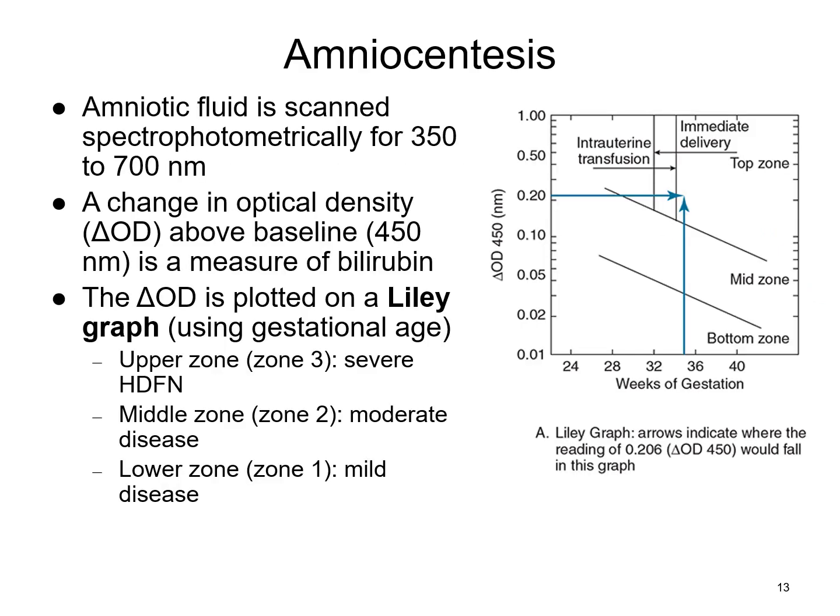Another thing that can be done to monitor that infant is the amniocentesis. They will take that amniotic fluid and scan it in the spectrophotometer. Basically, they're looking for a particular change in the bilirubin level, and it's plotted on a special graph here.